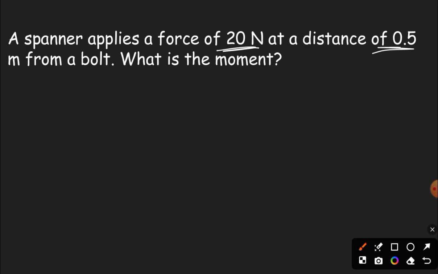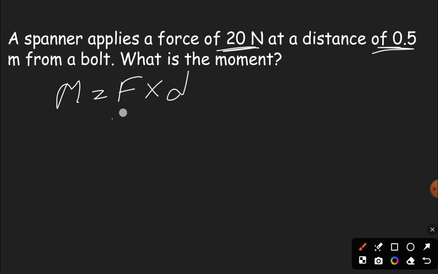As I've already explained, moment is a measure of the tendency of a force to rotate an object, and the object over here is the spanner trying to turn the bolt back and forth. So we state our formula for moment. Moment equals the force times your distance.